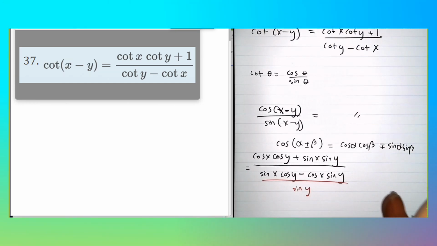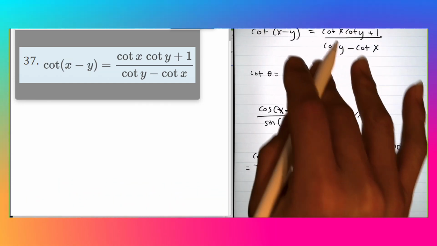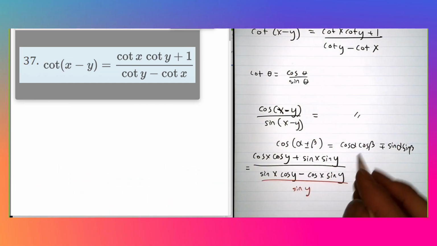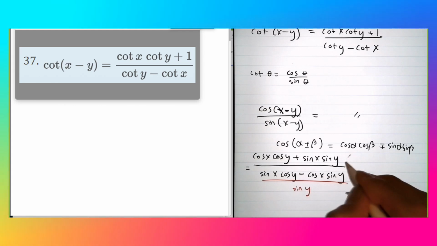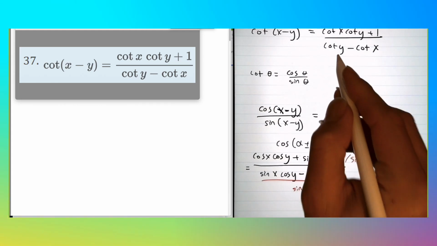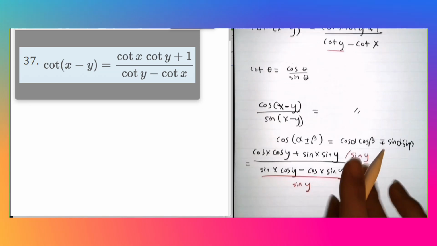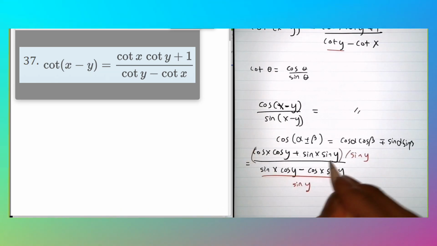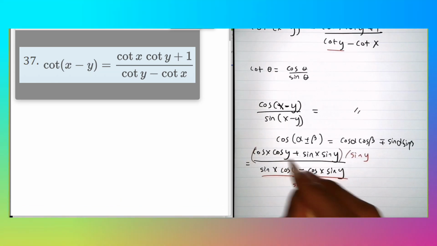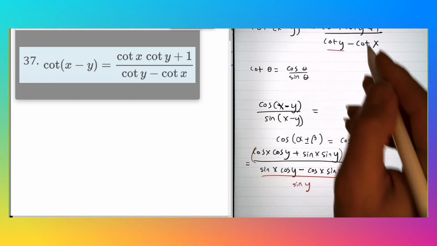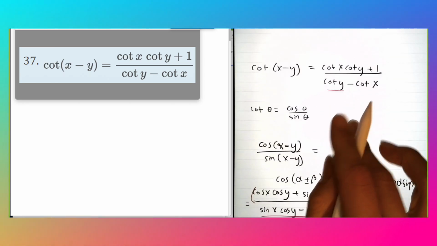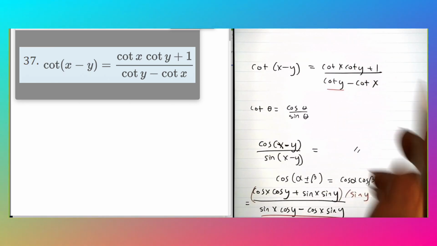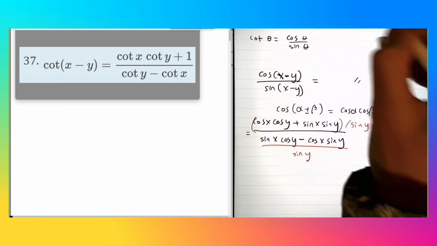For now it's not exactly the same, but we're gonna divide by sine of y on top and bottom, at least to match the cotangent y on the bottom. On the numerator we have cosine of y over sine of y, which will match the cotangent y here. So let's just divide all this.